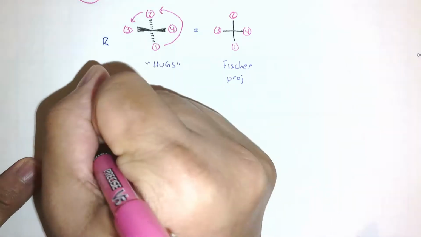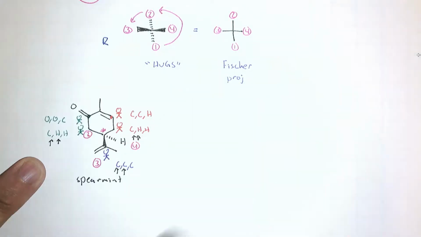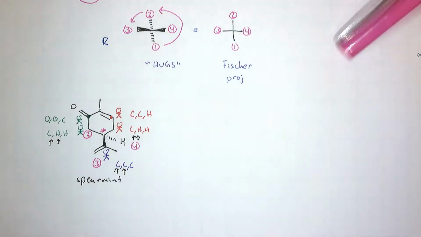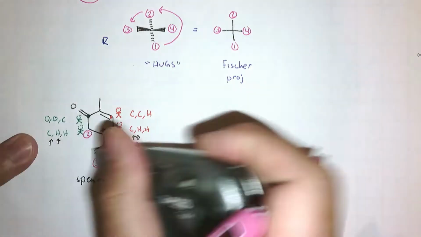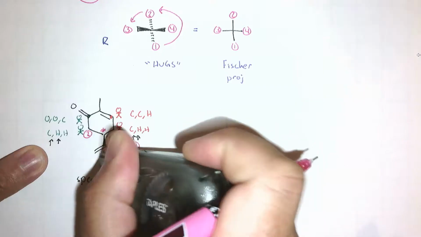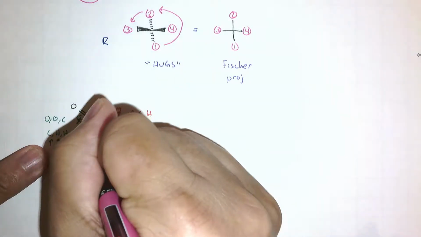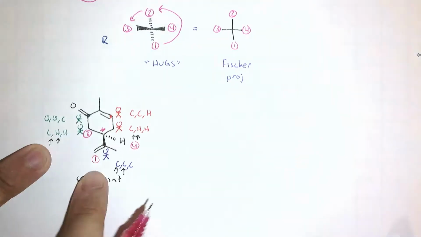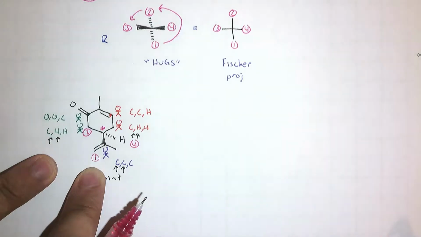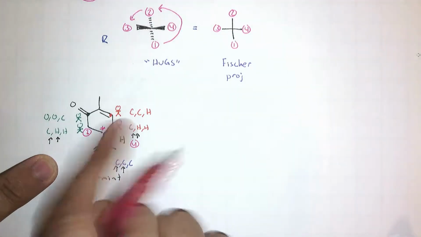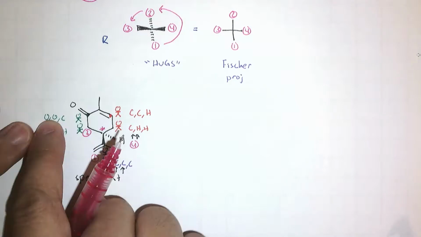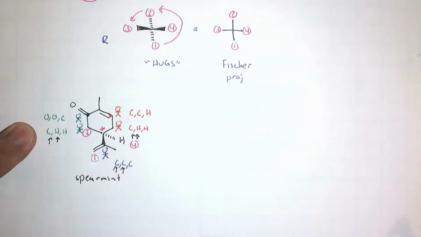So this is 2. Oh my goodness, why did I put 3 there? No one stopped me. This is 1. This is the highest priority. I don't want to redo this video. We have priority number 1, purple. Between red and green, green wins because of the O. So that's priority number 2.